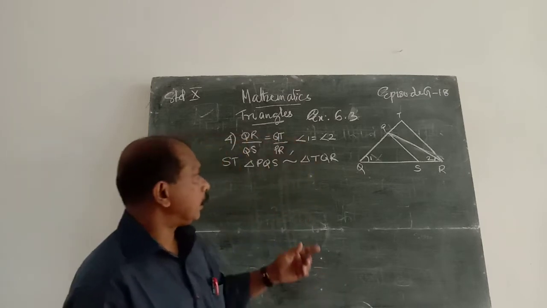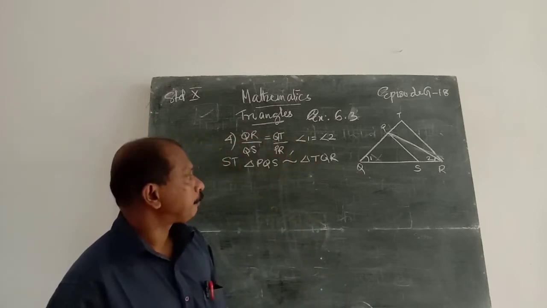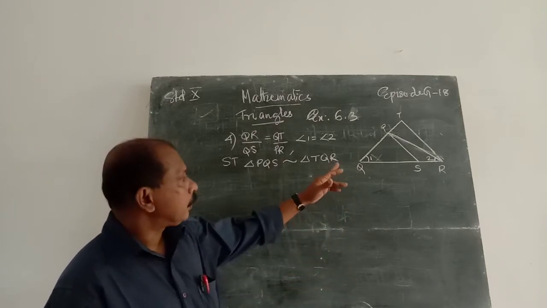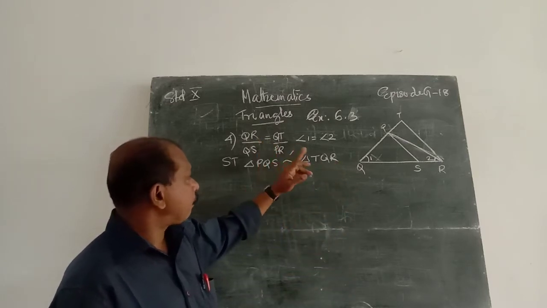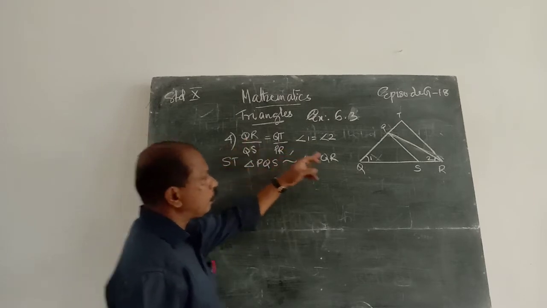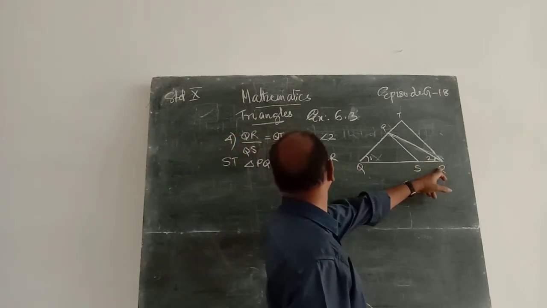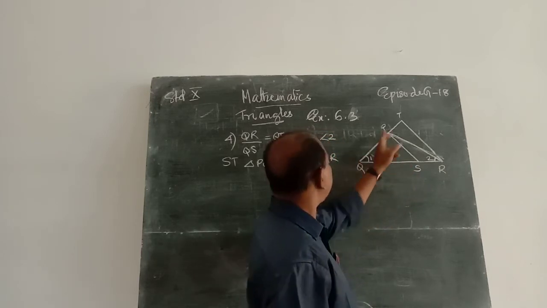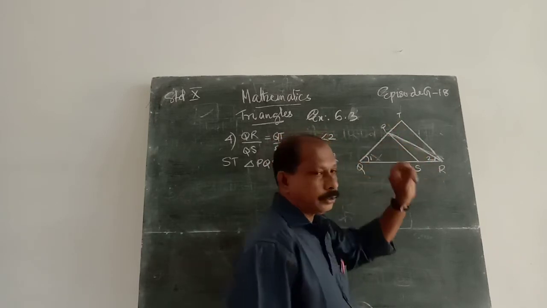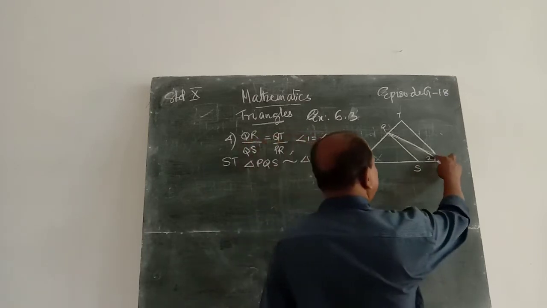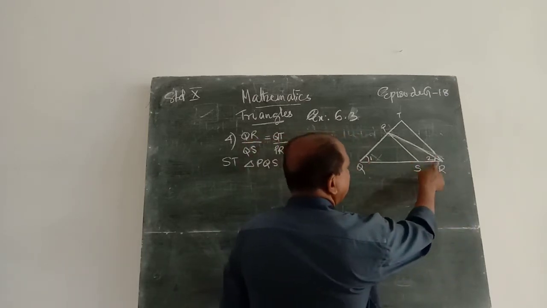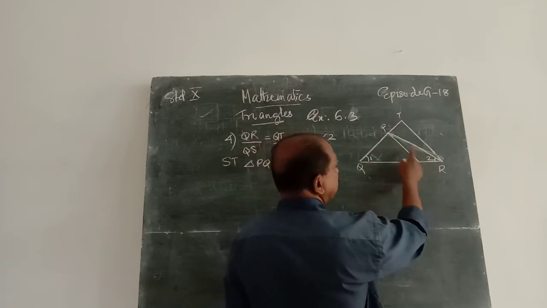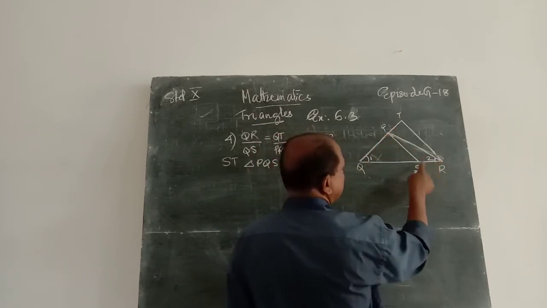And the fourth question is, from this figure, we know that there are two triangles. QR by QS is equal to QT by PR, it is given, and angle 1 is equal to angle 2, that is, angle 1 is angle Q, angle 2 is angle PRS.